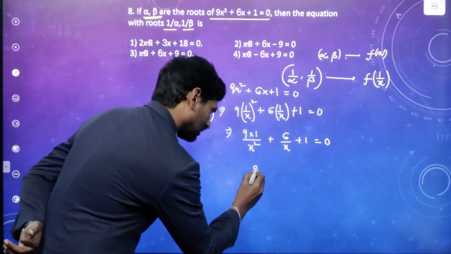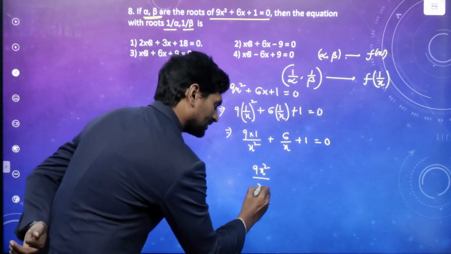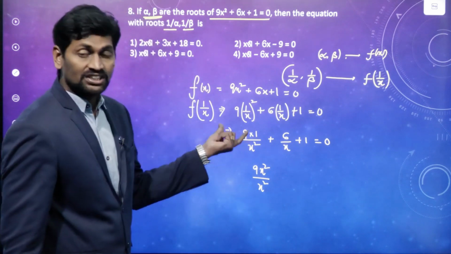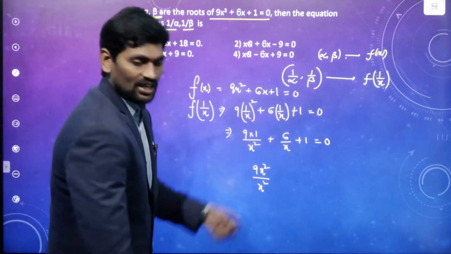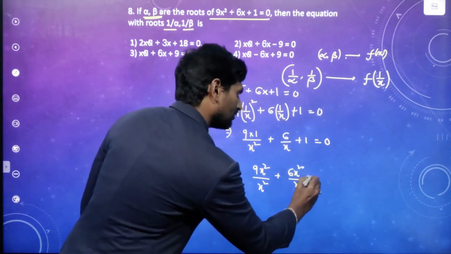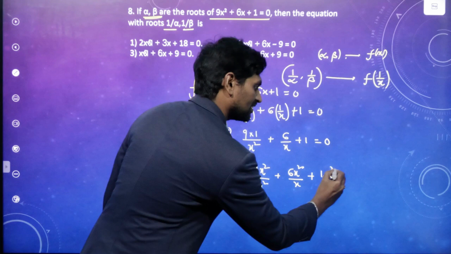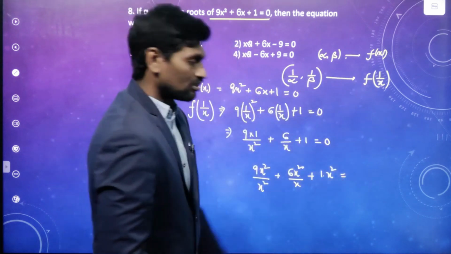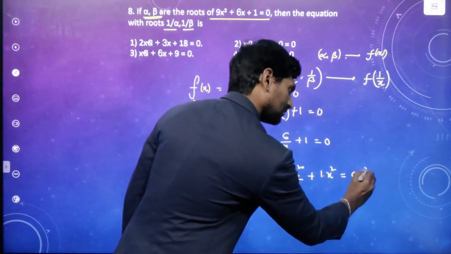That means 9x square by x square. First term I am multiplying with x square, and second term also multiply with x square, third term also multiply with x square, and RHS also multiply with x square.